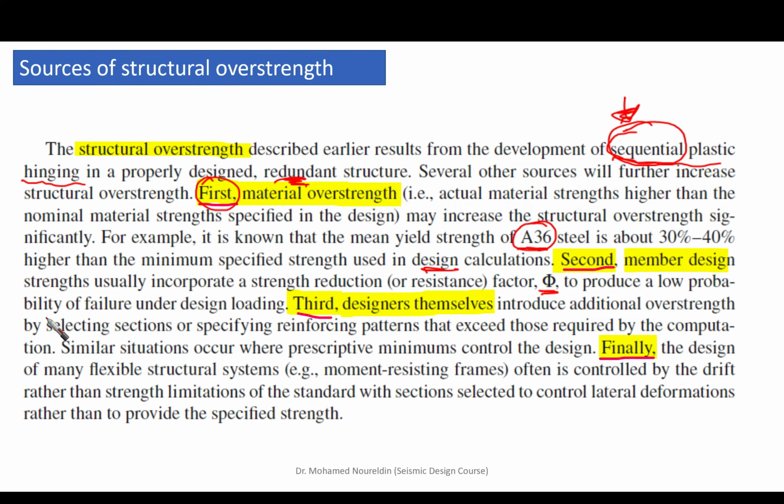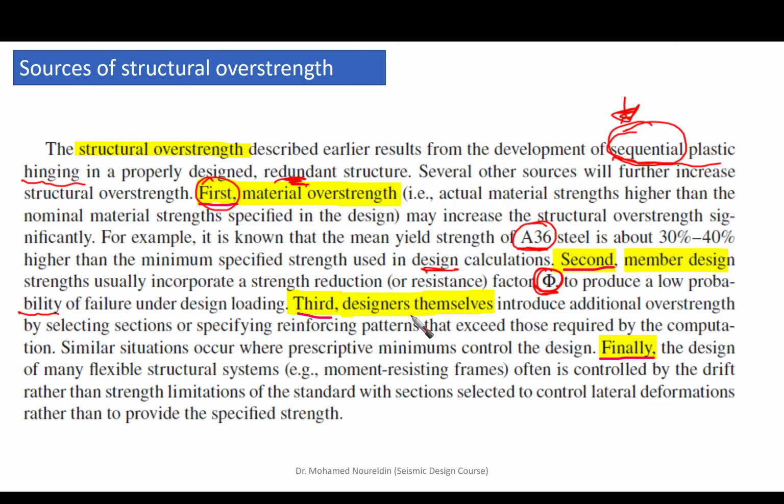So it is the probabilistic nature that we are taking into consideration, but deterministically, maybe the strength reduction factor 0.9 or 0.7 is not right. Maybe we only need to reduce by 5% or something like this, not by 10% or 30%.